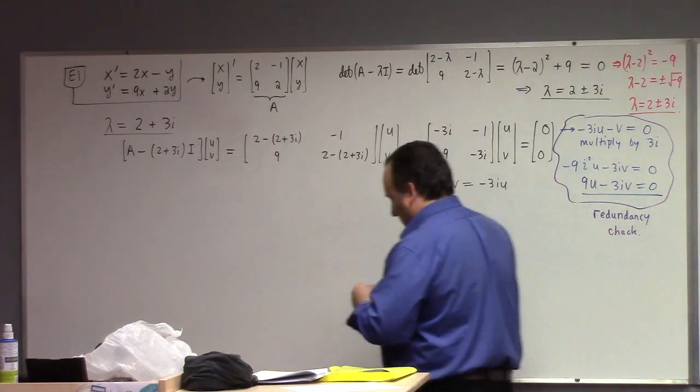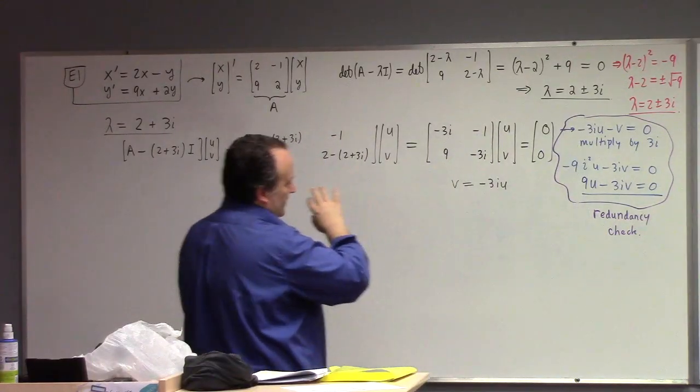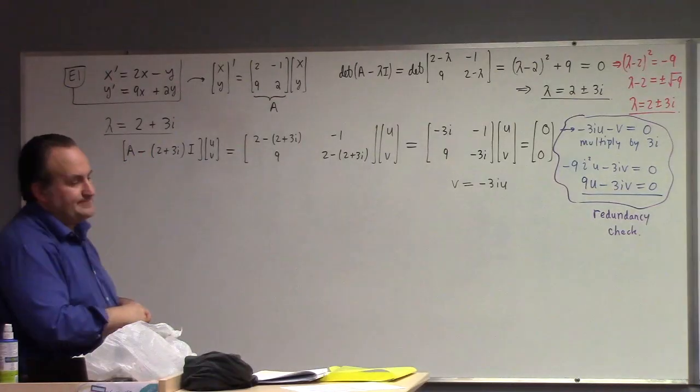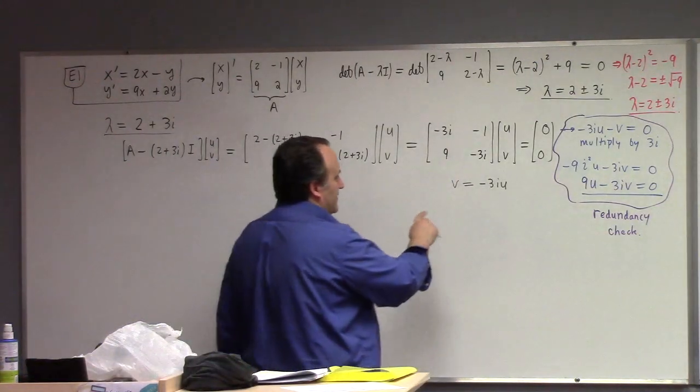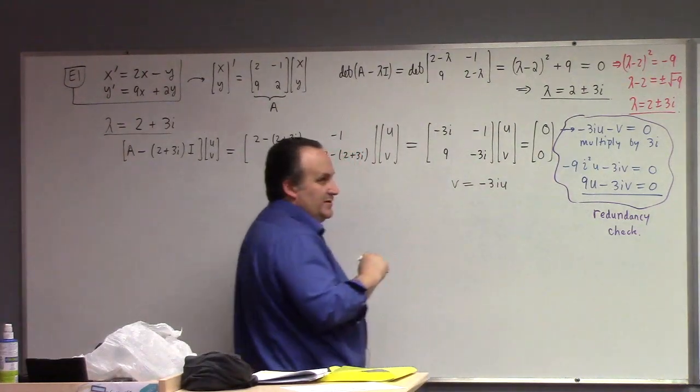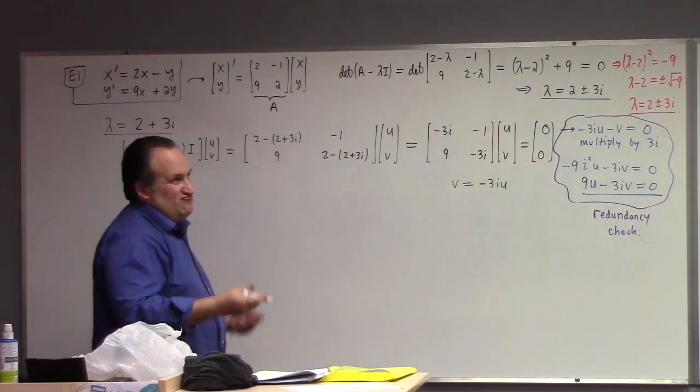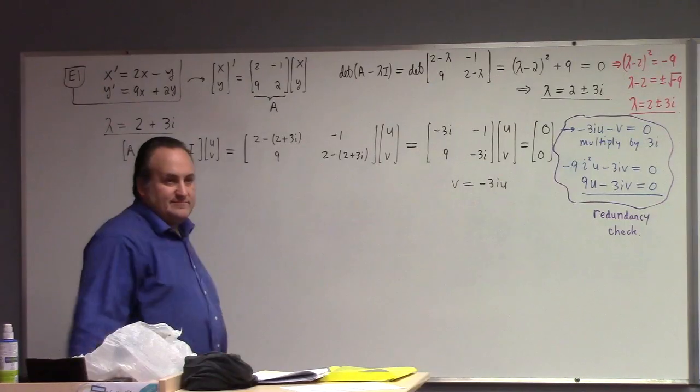You don't need to do that; I pretty much never require it. I do require you to find a correct eigenvector, though. So okay, how about this? Maybe we should put u equal to. What do you think?